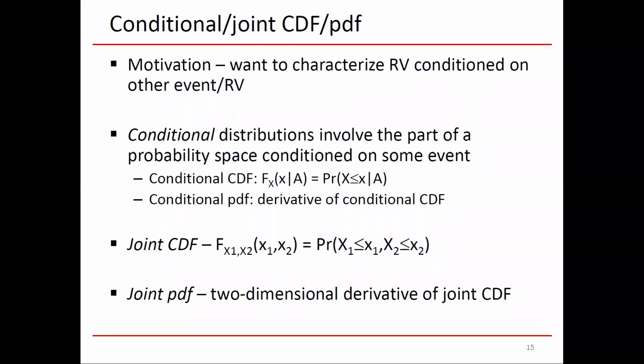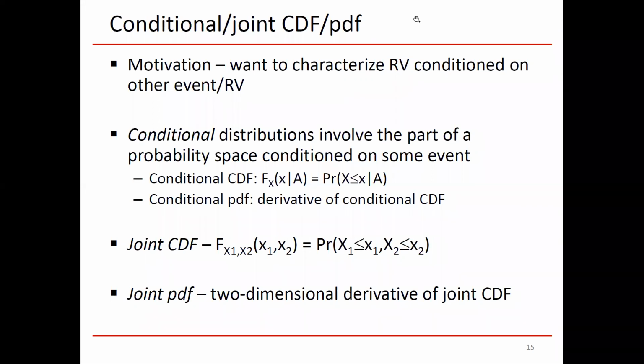The joint cumulative distribution function, or joint CDF, is a function of both x1 and x2. Lowercase x1 and lowercase x2 are individual values for the two random variables, capital X1 and capital X2. And it's defined as the probability that the first random variable, capital X1, is less than or equal to x1, and the second random variable, capital X2, is less than or equal to lowercase x2.